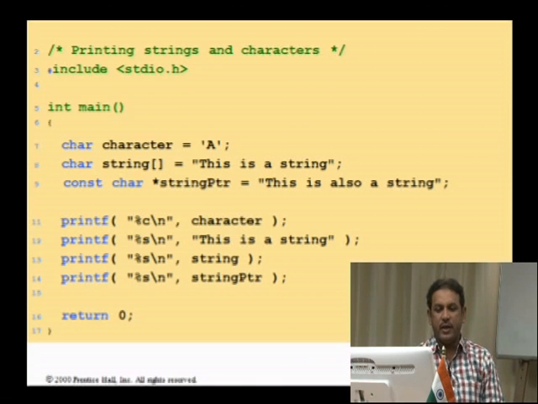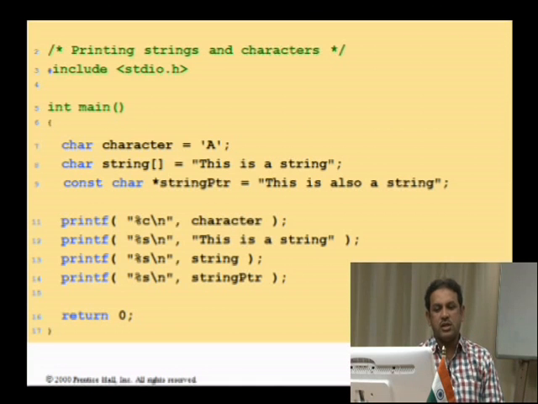Here we are printing a character a, and a character string array. The square bracket indicates the string is an array, of type character. We want to store a message in the array, since this is a string, a group of characters. This is a string. The entire line of four words has to be stored in an array called string.